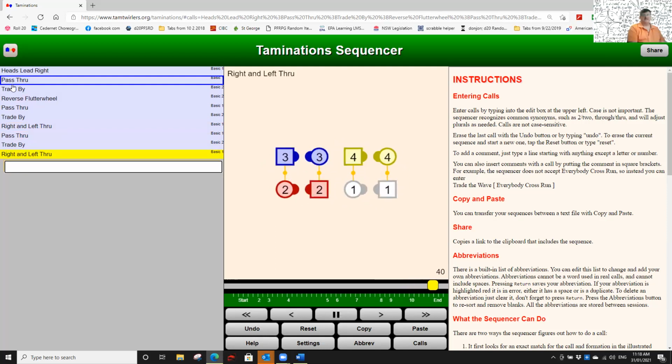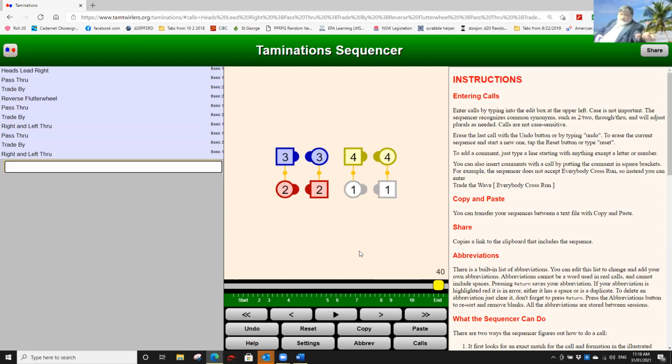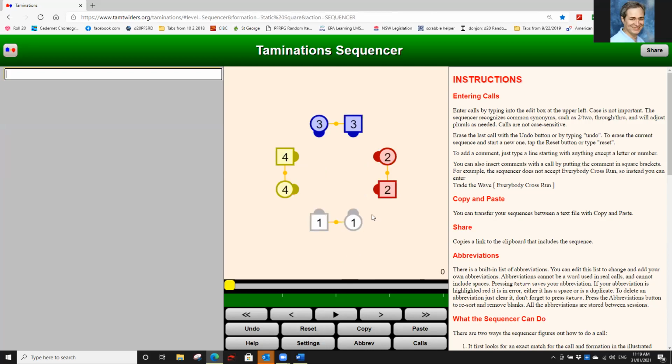No, now they're out of sequence. Out of sequence. You have been in sequence before. Yeah. Everybody's out. I said that wrong. Yeah, but they did a lead right instead of a lead left. That's all. Yeah. When I was on the other side, they were out of sequence too. Yep. Yeah, you just started with a lead right instead of a lead left. Yeah. Mel, how about this one?